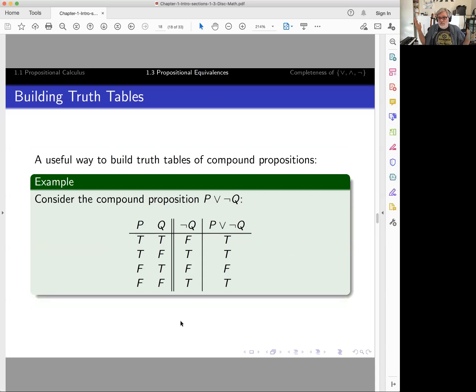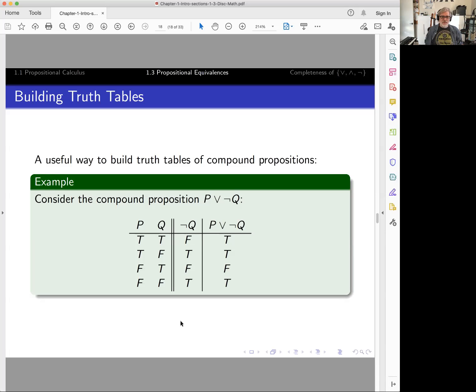Well, you build the truth table, right? So you just generate the truth tables, compare, are they the same? Yes, that's it, okay? So there's a straightforward algorithm to do this. If the compound propositions are very big, this could take a long time, but still you can answer the question, okay? If you have enough time.